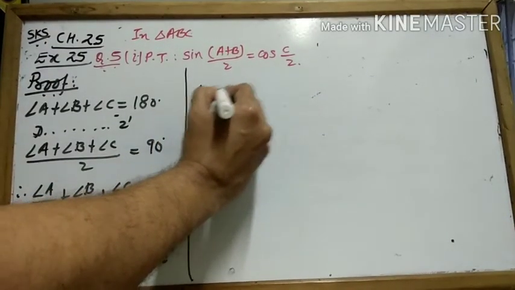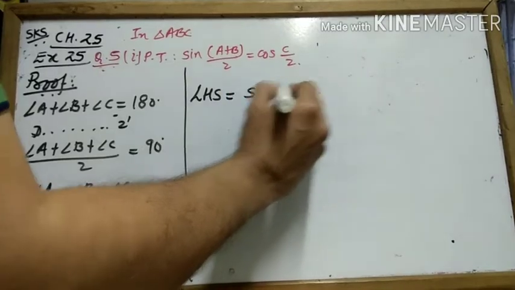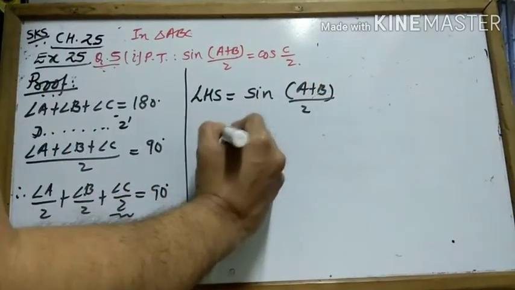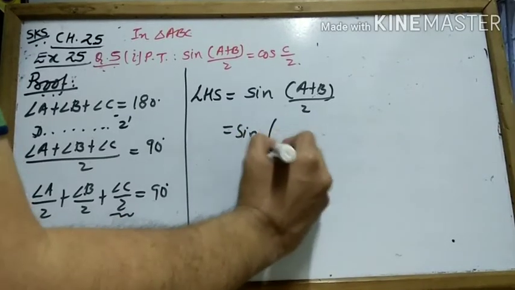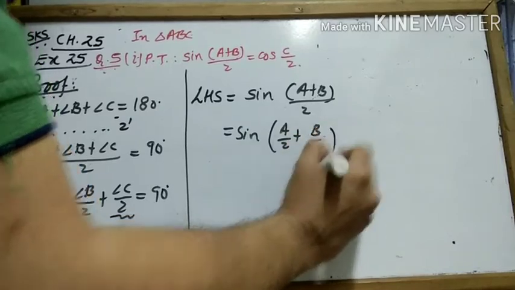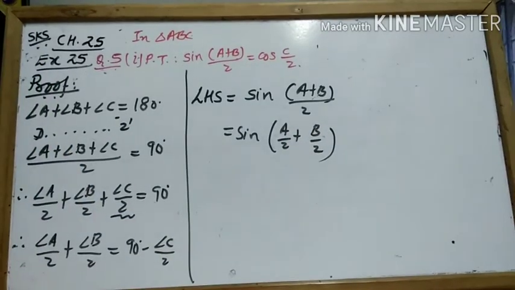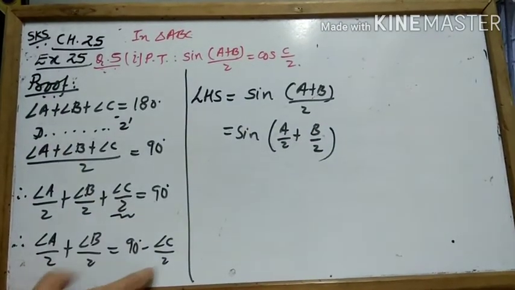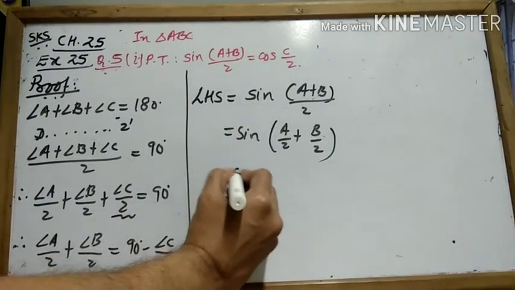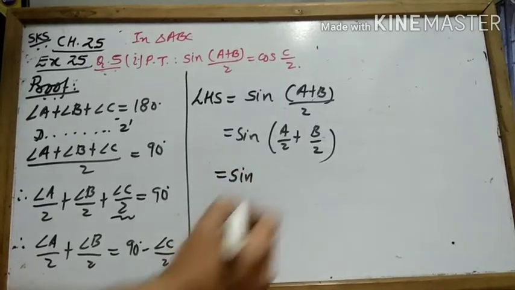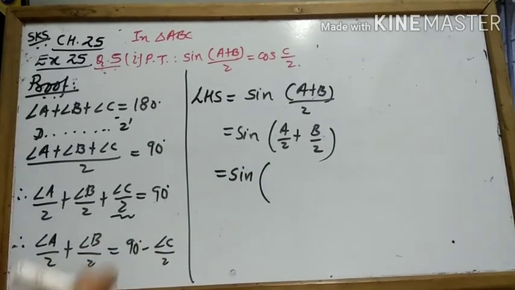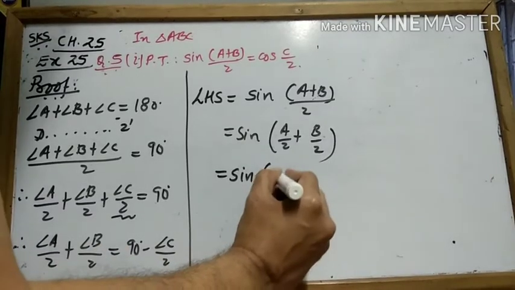I'm talking about LHS. It is sine of (A plus B) upon 2. If I split it up, it reads like sine of (A upon 2 plus B upon 2). Now I told you this part acts as a catalyst for this particular question. So sine, instead of A upon 2 plus B upon 2, I am writing it down as 90 minus C upon 2.